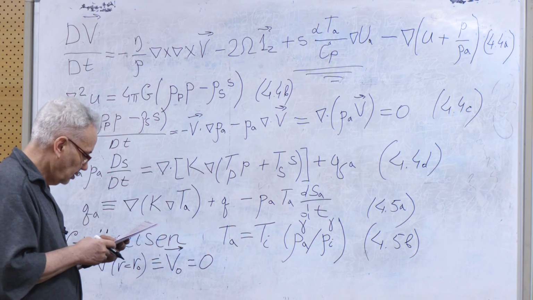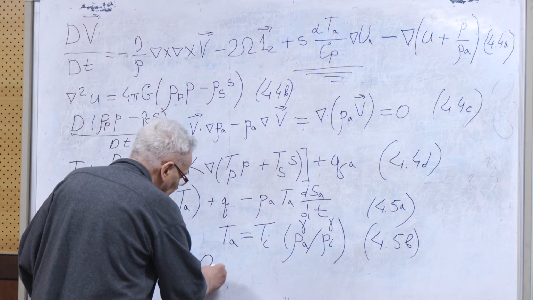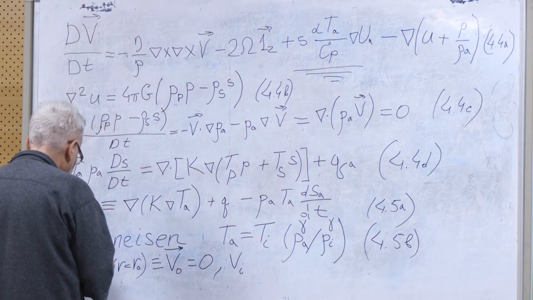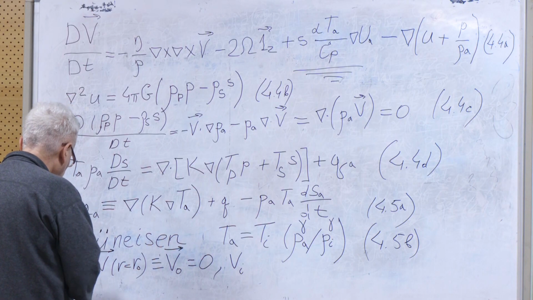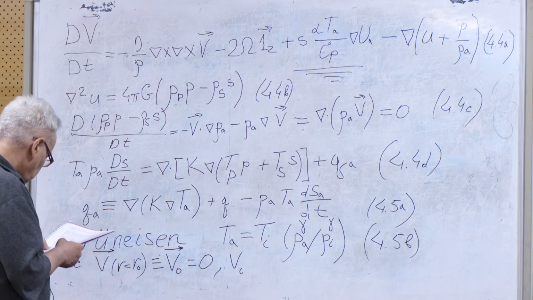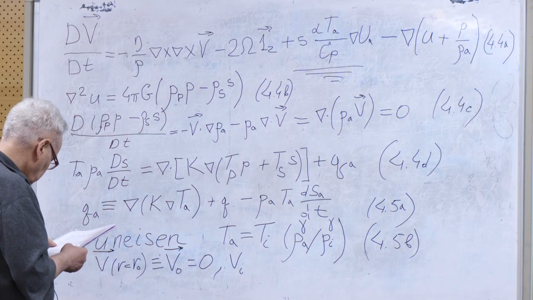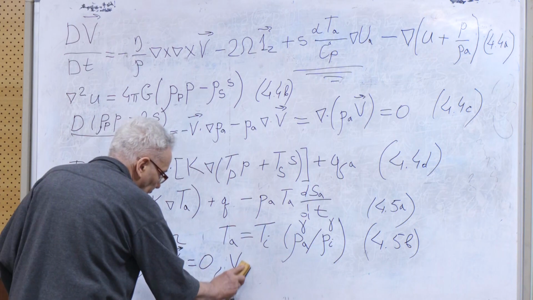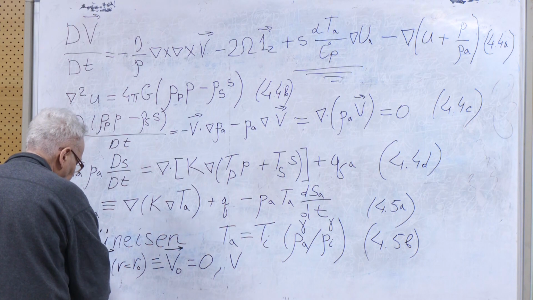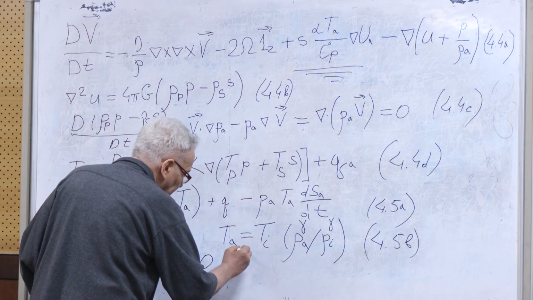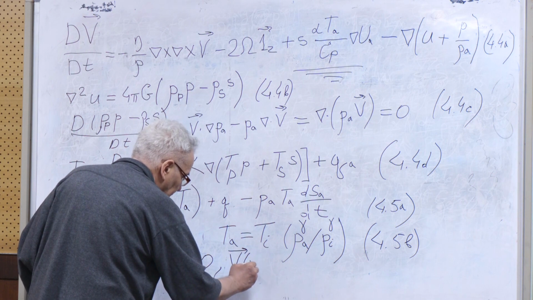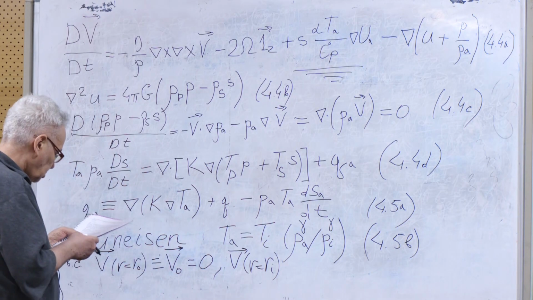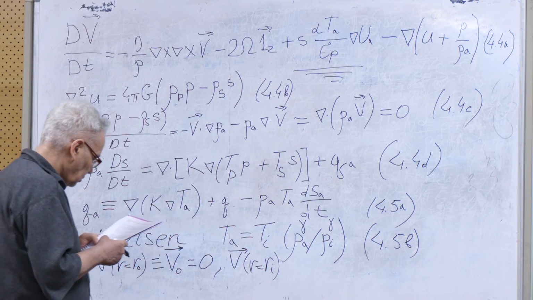And then the next boundary condition is at the inner core, r equal to r_i.